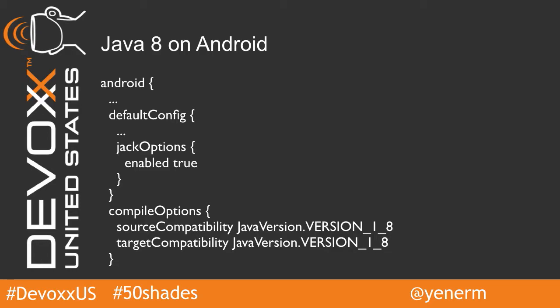Usually, if your project is not huge, most of the stuff works. And if you have a lot of legacy code in the project, you may have some difficulties. In this setting, the last two lines are for the IDE, so it won't complain about the Java 8 syntax.